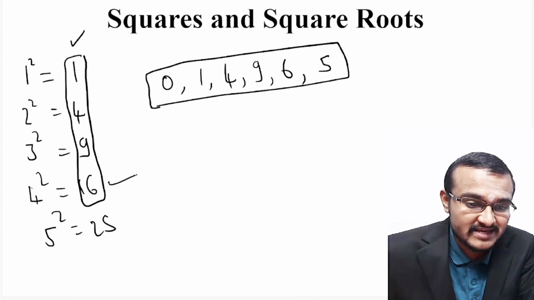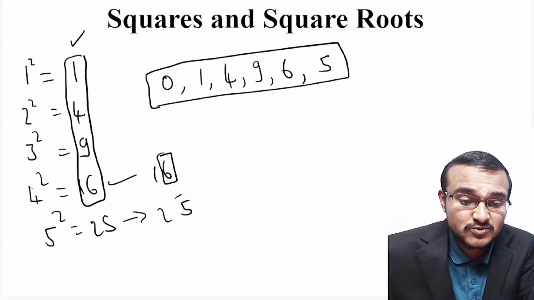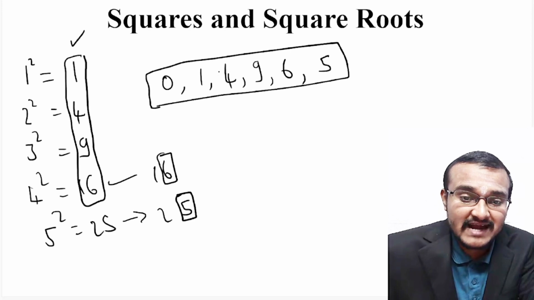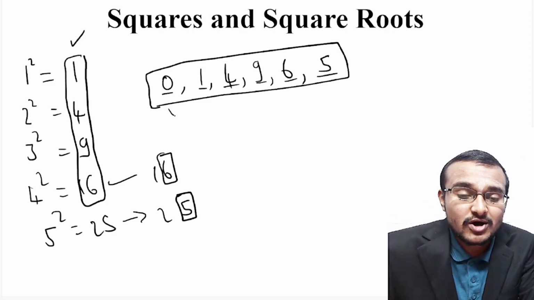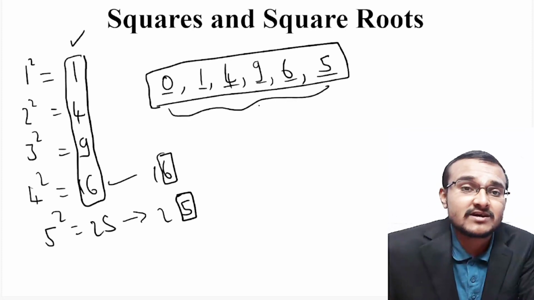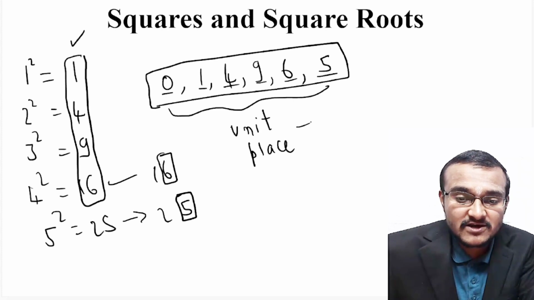For example, 16 has 6 in its unit place, and 25 has 5 in its unit place. That means 0, 1, 4, 9, 6 or 5 will be in the unit place of a perfect square.